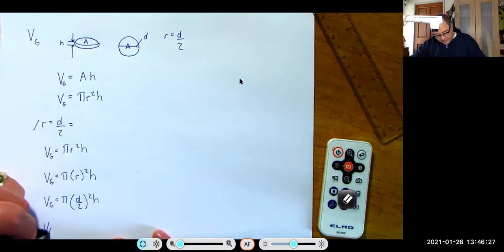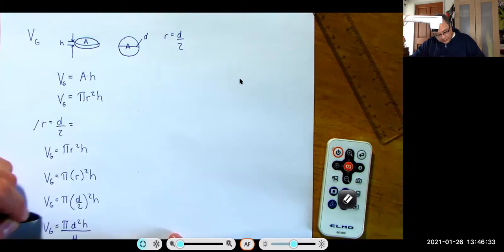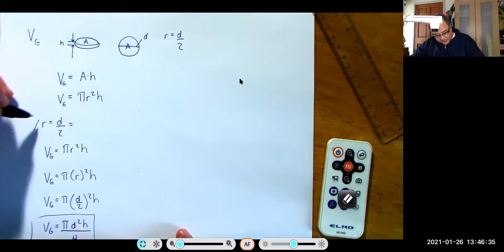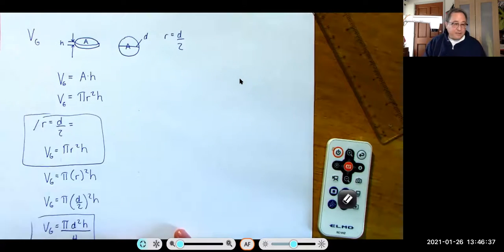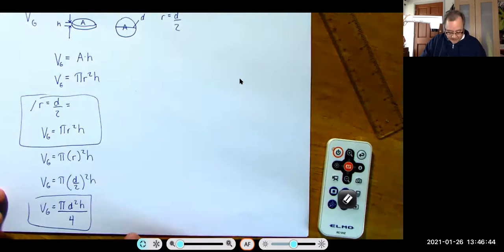And then I can get rid of the parentheses by squaring the diameter and squaring the 2. So you can use either of these methods for calculating the volume by geometric dimension. And when you do it this way, you have to do 2 calculations. And when you do it this way, it's just 1. That's why I like the bottom way better.